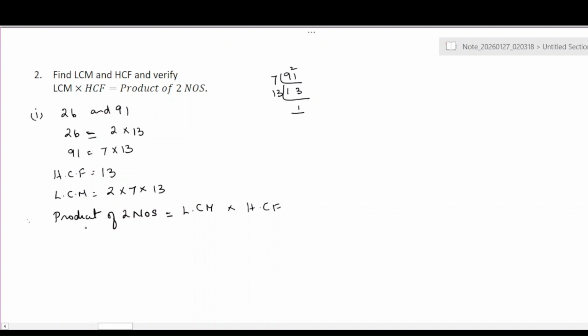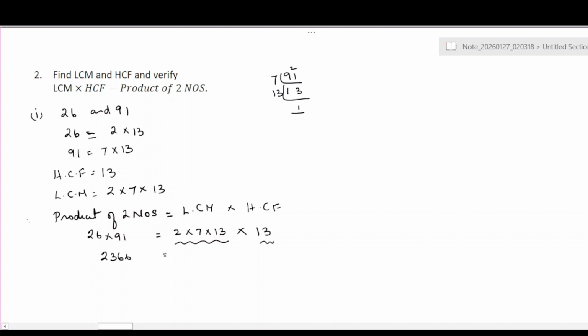So the product of two numbers will be 26 into 91, but we have to multiply and show. LCM into HCF is, LCM is 2 into 7 into 13 into HCF will be 13. Okay, just multiply and show. When you multiply these two numbers, you will get 2366.